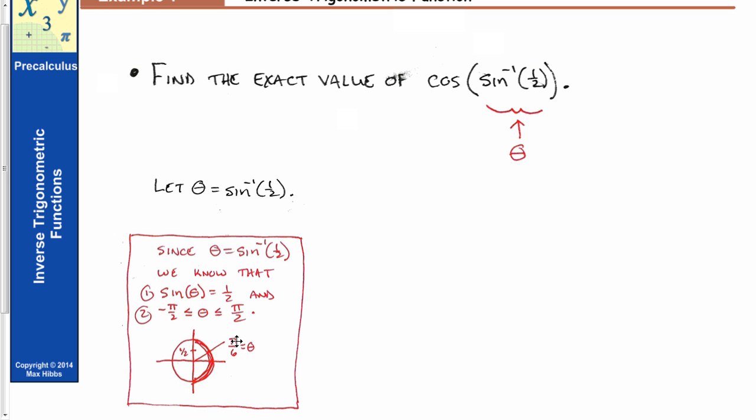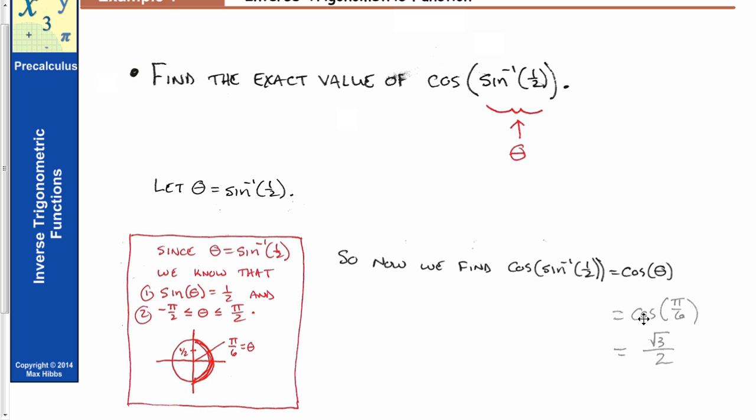Now in the future, we're not going to be able to actually determine what theta is, because it's not always one of our special angles, but in this case, we do know that theta is pi over 6. So our original problem to find the cosine of the inverse sine of 1/2 actually becomes find the cosine of theta, since theta is our new name for the inverse sine of 1/2.